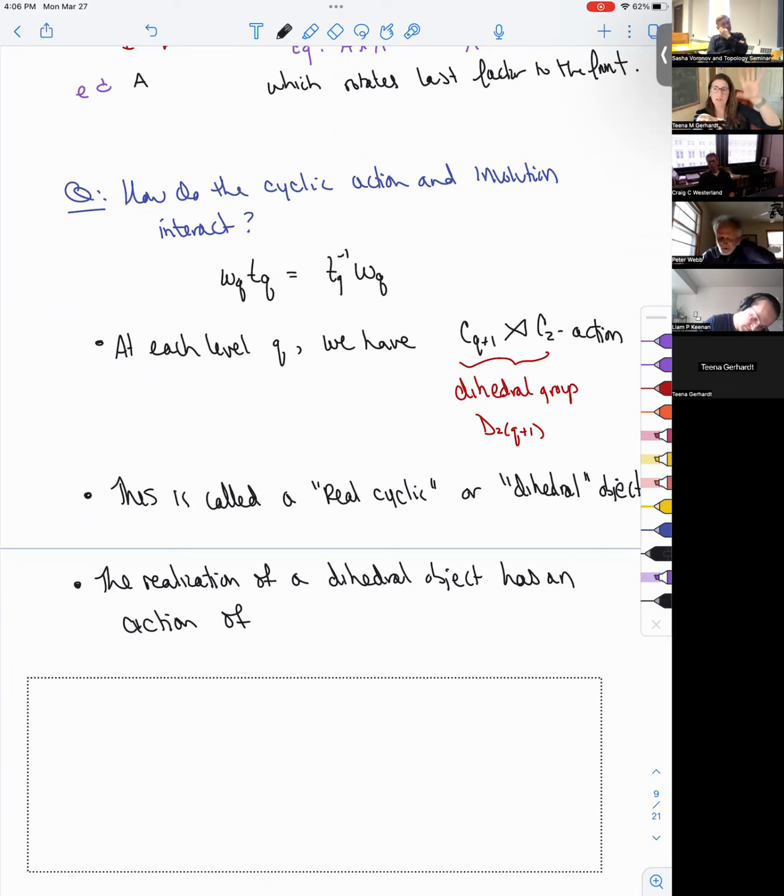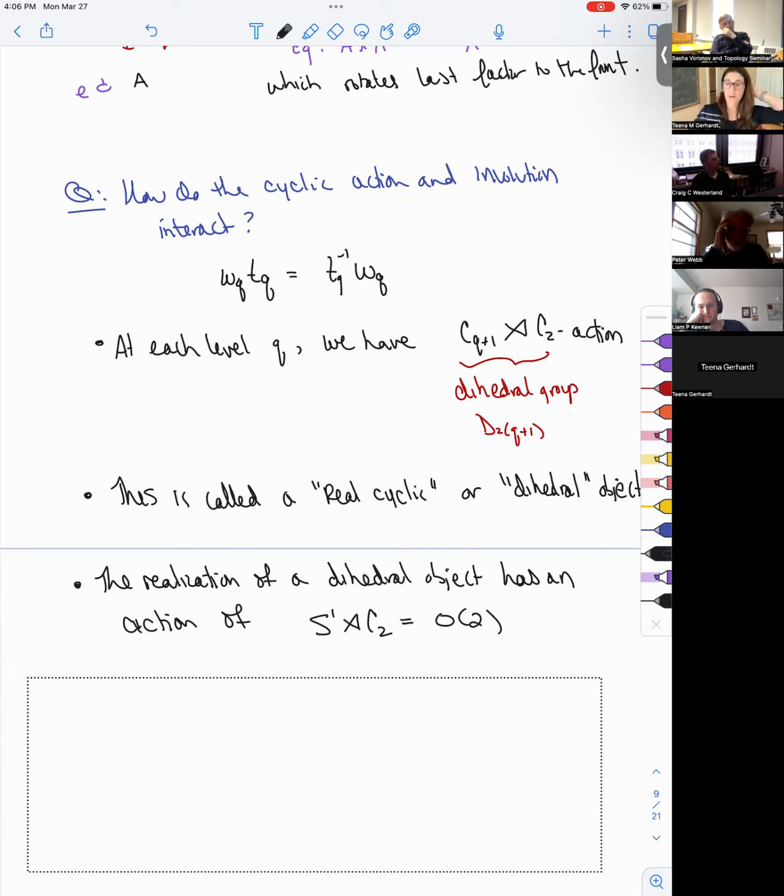The cyclic group actions change by level, and just like with the cyclic bar construction, when we realize them, they assemble into an S1 action. And so we end up with an S1 semi-direct product C2 action, which is the orthogonal group O2.